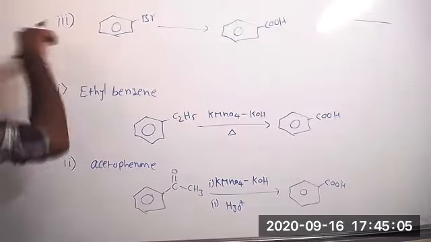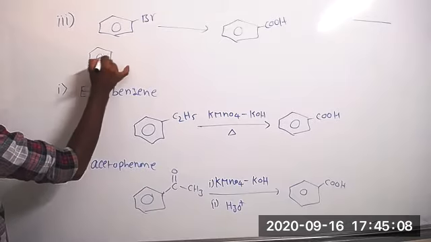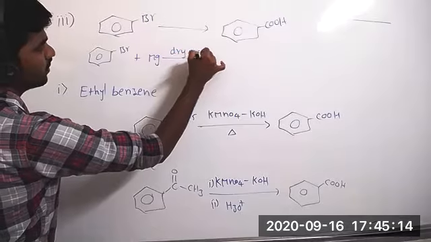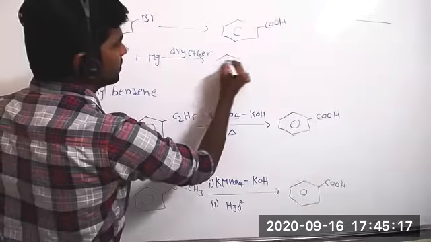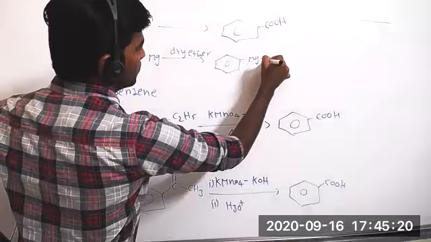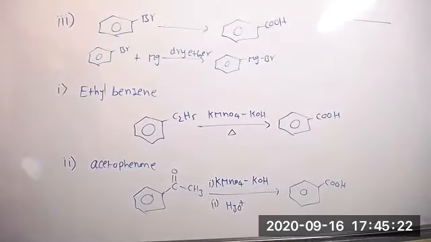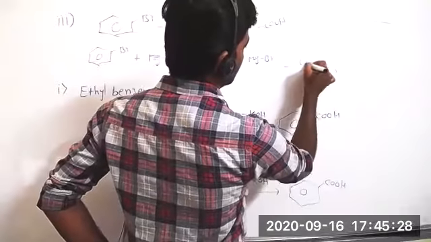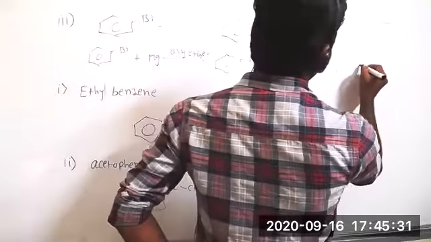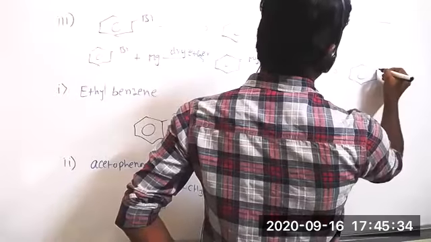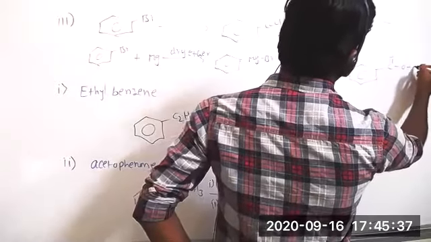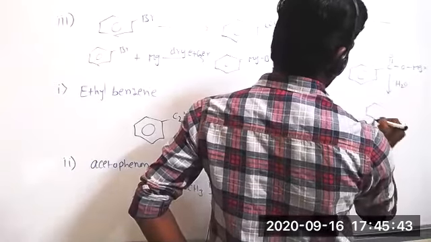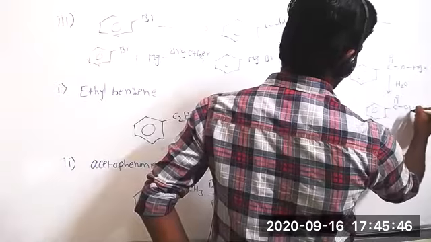First, react bromobenzene with magnesium metal in dry ether. Grignard reagent is formed. Further react with carbon dioxide. It gives the MgX salt. On hydrolysis, benzoic acid is produced.